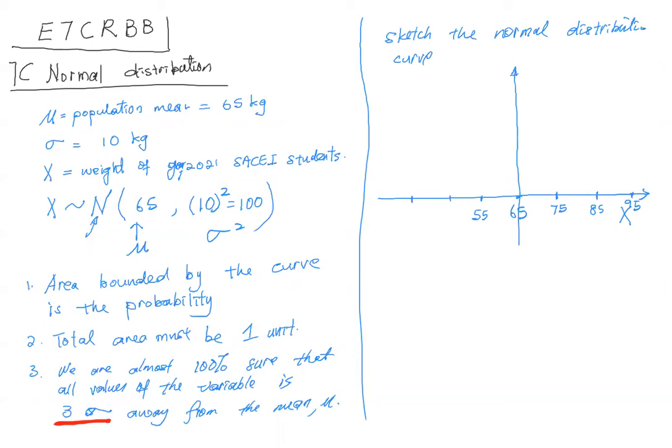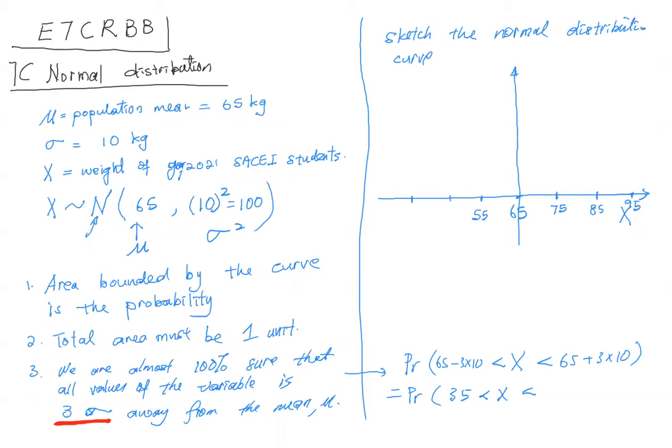So when I say 3 standard deviations away, if I interpret it as a probability, that means my x is between 65 minus 3 times 10 and, at highest, 65 plus 3 times 10. So I'm looking for 35 here.